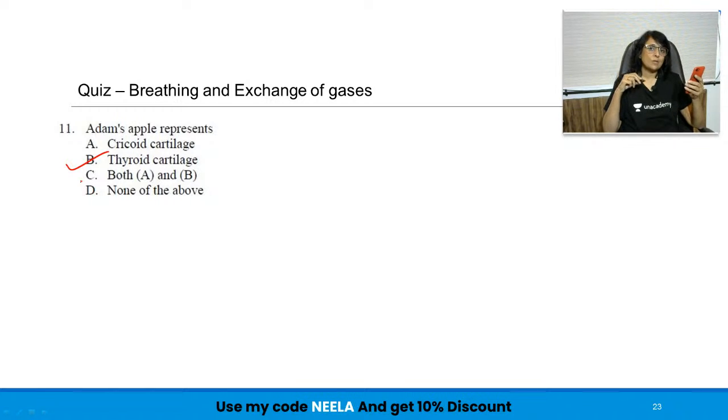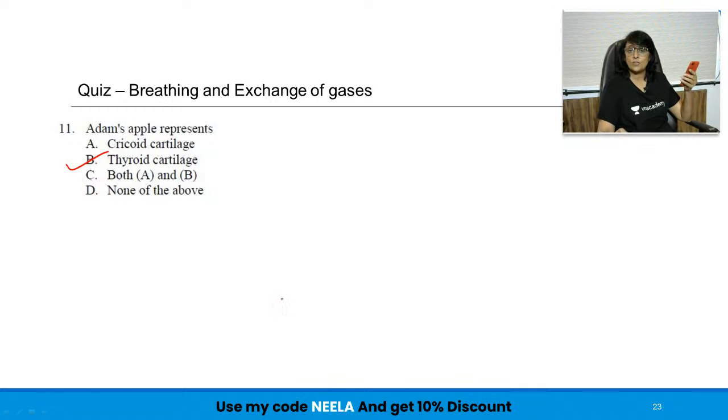There we talk about cartilage, cricoid cartilage and all this. We also have the unit structural organization in animals.